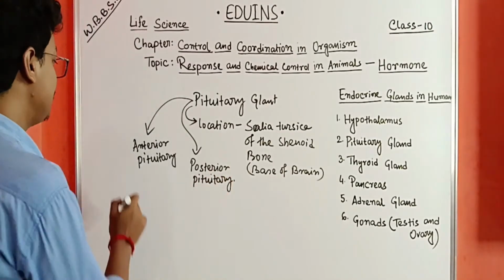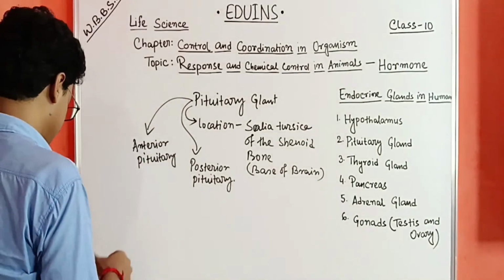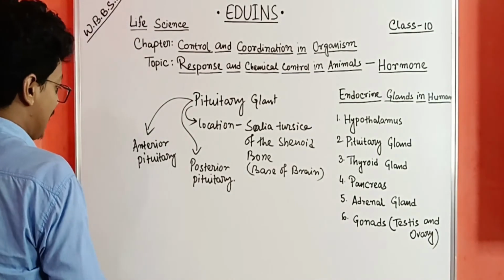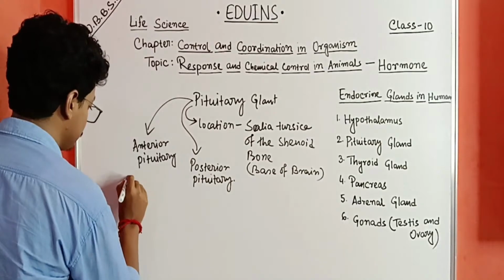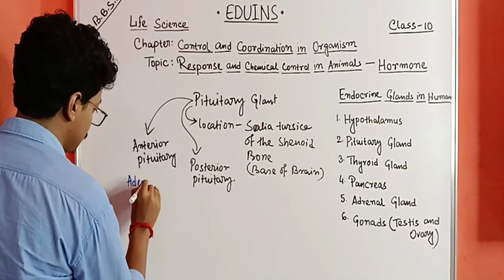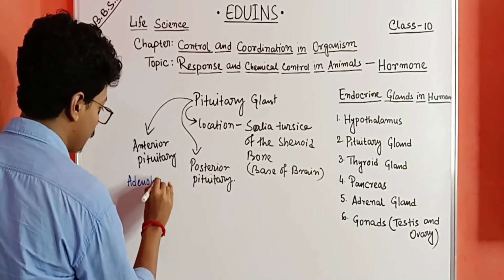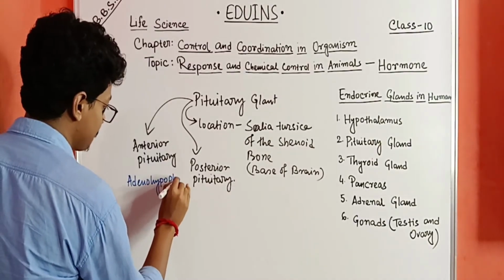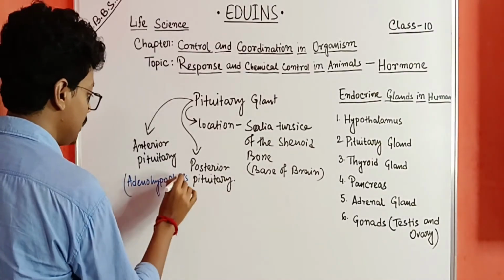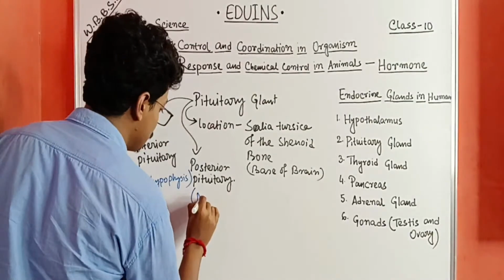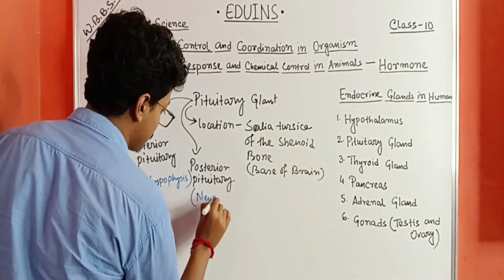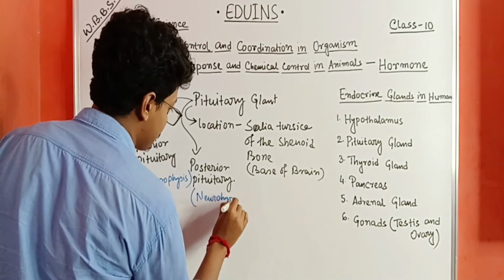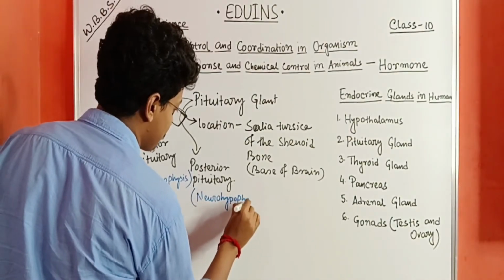The anterior pituitary is known as adenohypophysis, and the posterior pituitary is known as neurohypophysis.